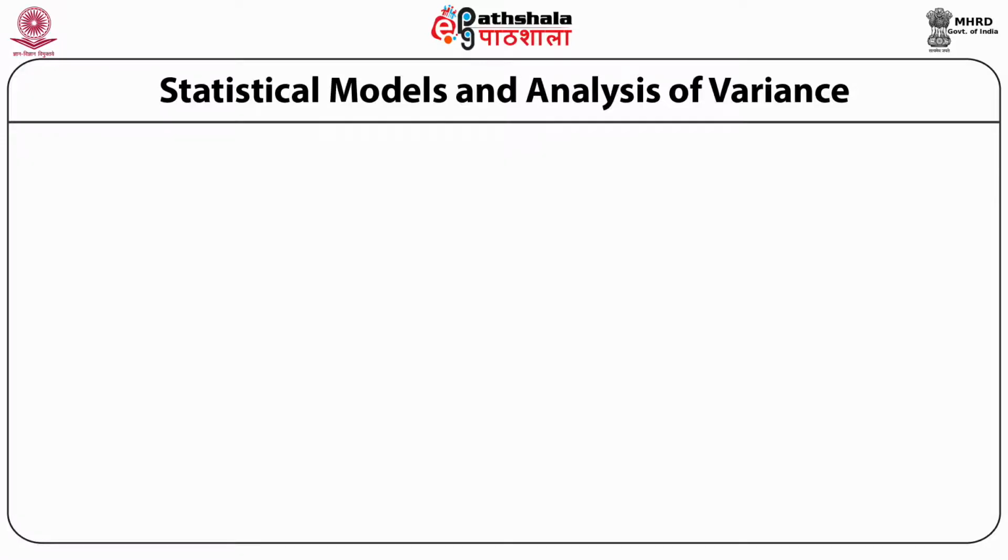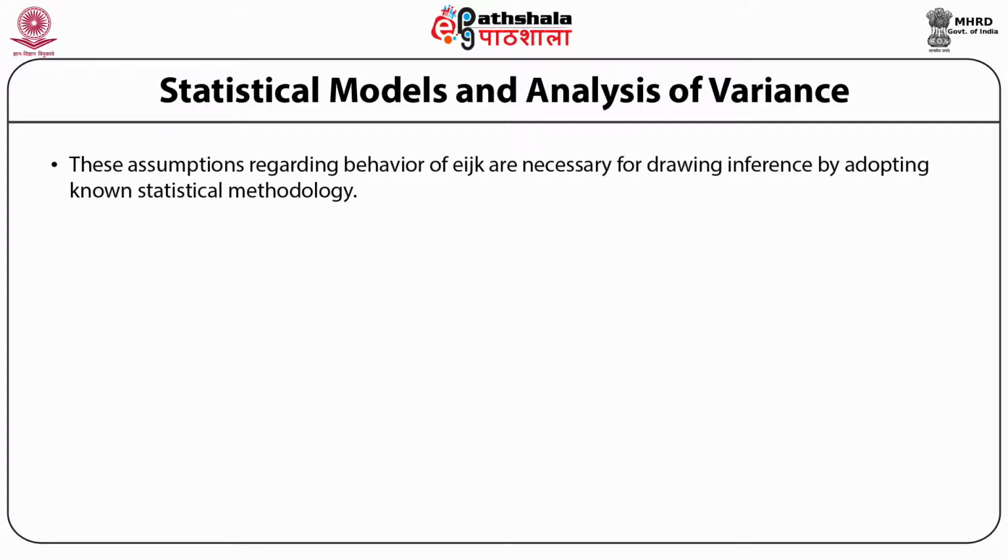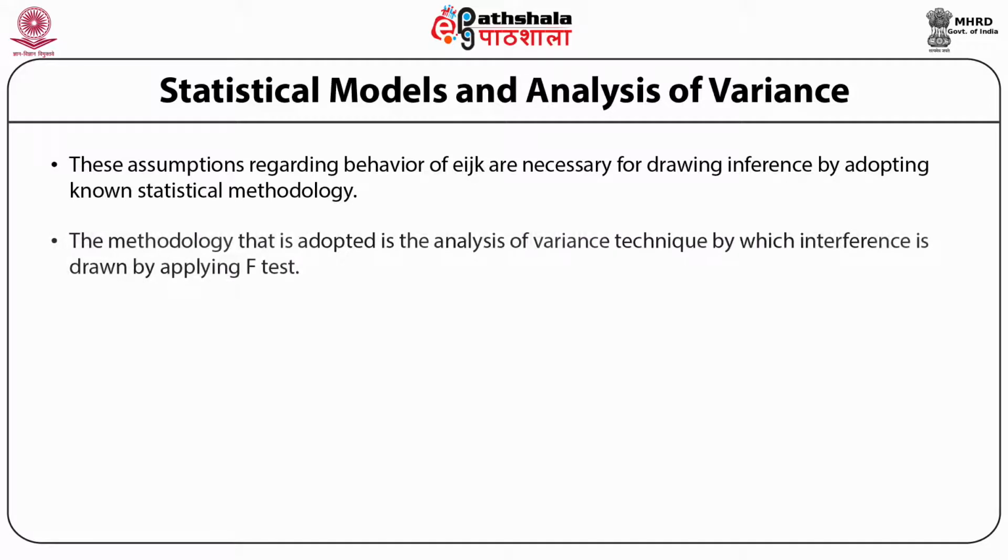These assumptions regarding the behavior of Eijk are necessary for drawing inference by adopting known statistical methodology. The methodology adopted in the analysis of variance techniques is that inference is drawn by applying the F-test.